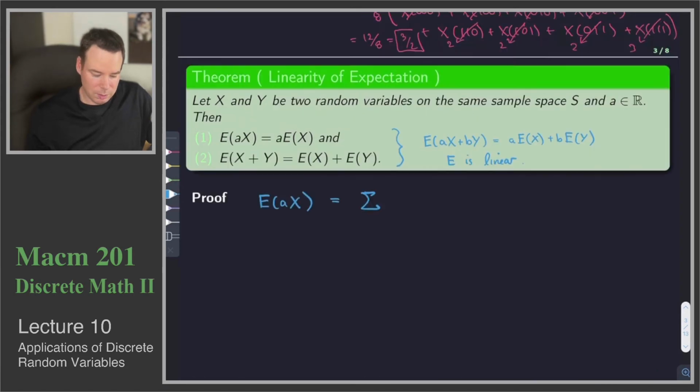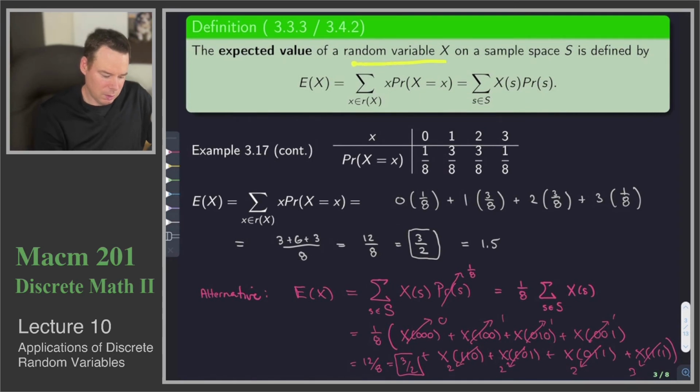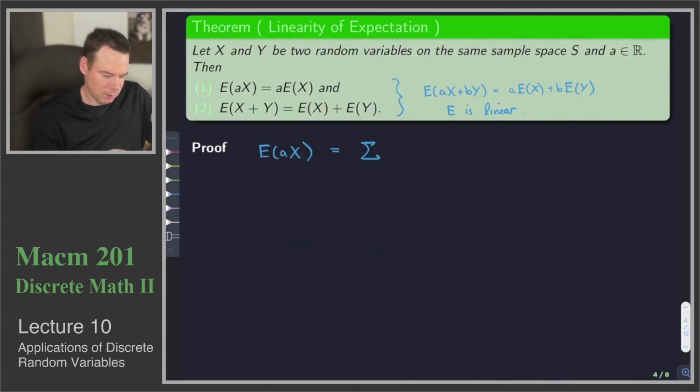So instead of using this form of the expected value, I'm going to use this form. There I sum over the sample space, and for those values in the sample space we will take the value of our random variable at those values times the probability of that value in the sample space. And now I go to work on this part right here.